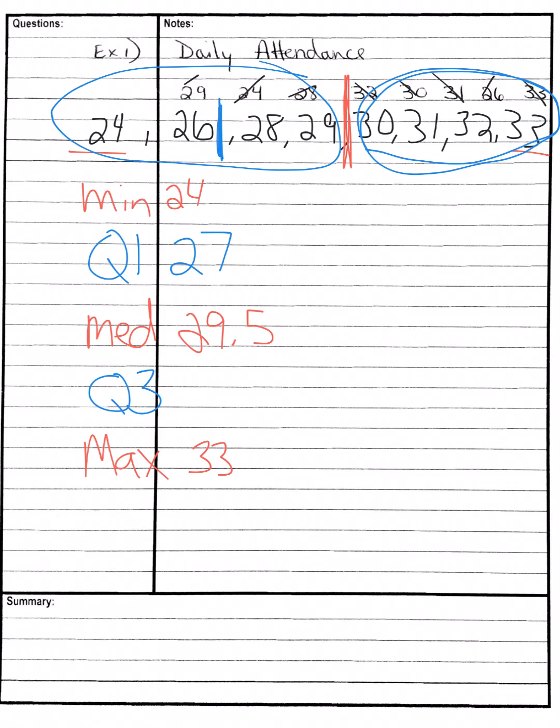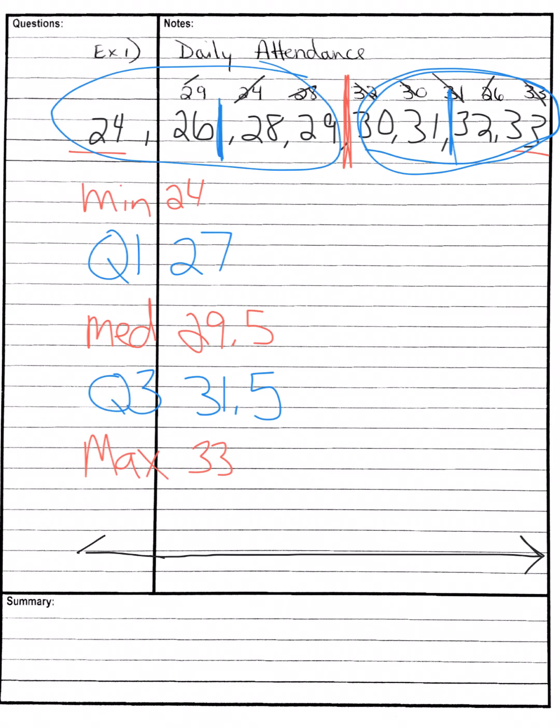Here we would have right between the 31 and the 32, which is 31.5. So these 5 pieces of information help you to create that box and whisker plot. Let's go ahead and I'm going to draw a line here and go through the graphing piece with you.